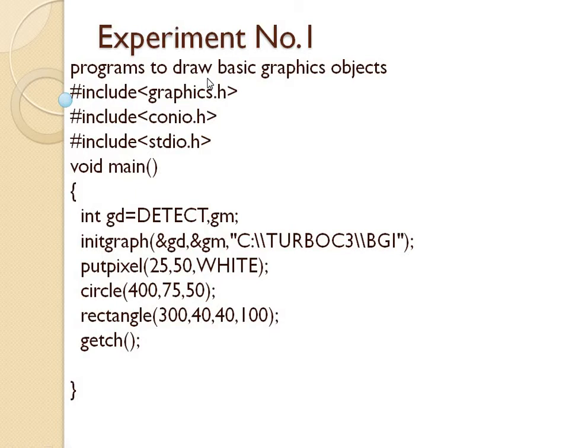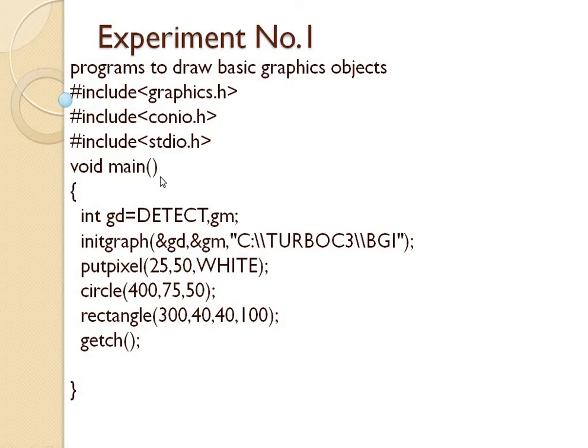In the graphics header file, all the graphics functions are installed. So in every program we use graphics.h, that is, we first of all include graphics.h, and also conio.h and standard input output, stdio.h.